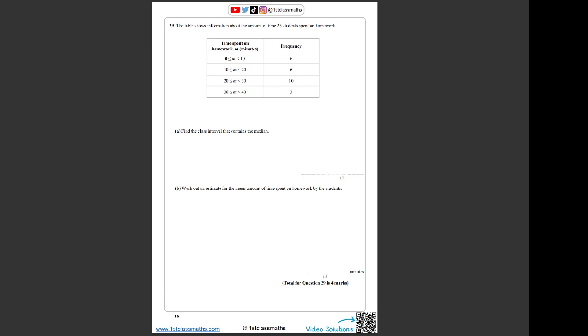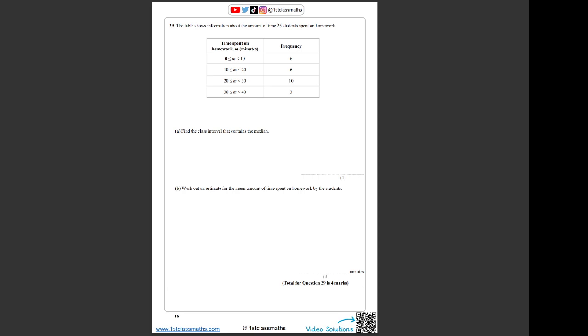Okay, so next part. Again, this is a classic question. This sort of question normally appears more on calculator papers, but they can obviously appear on non-calculator papers. So the table shows information about the amount of time 25 students spent on their homework. Part A: find the class interval that contains the median.